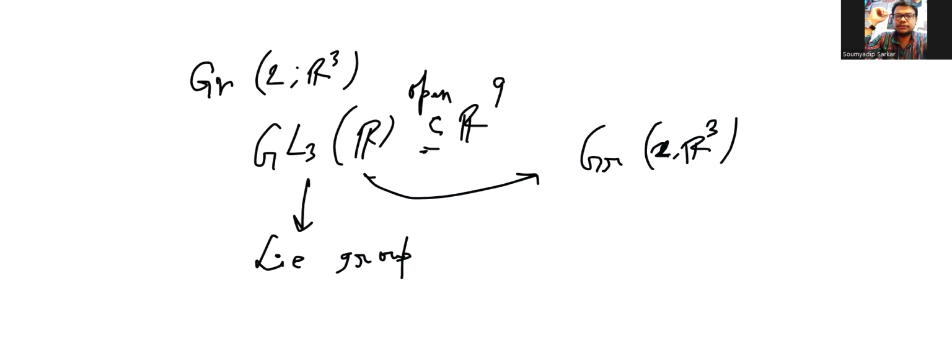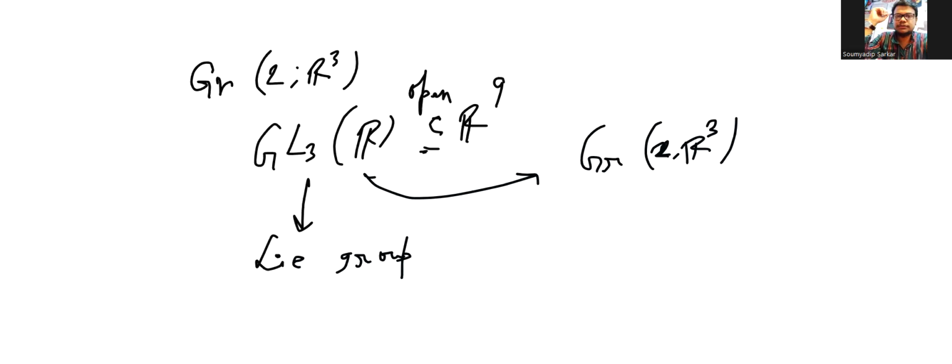The logic is exactly the same as it was in the finite case. This is true for any vector space. If you have two different two-dimensional subspaces, you can find a linear transformation which maps one to the other, and vice versa. Any invertible linear transformation will map a two-dimensional subspace to another two-dimensional subspace.